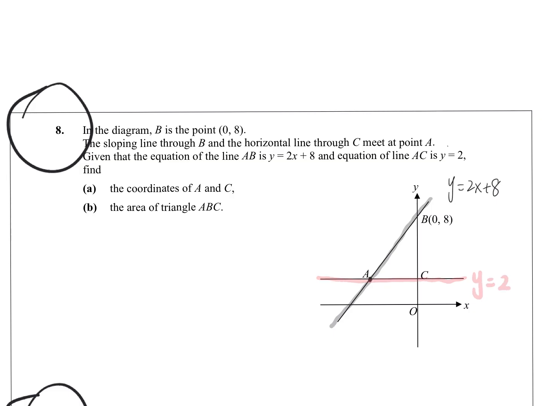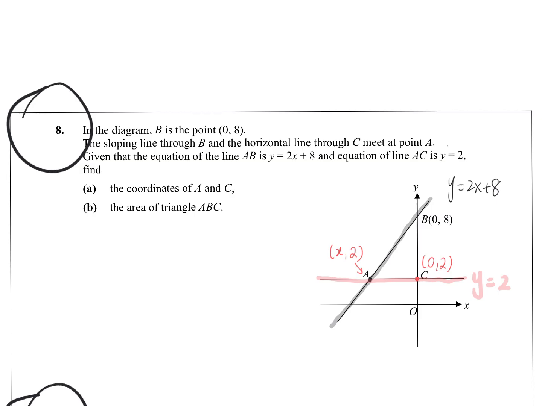When they say y equals to 2, they are telling you the coordinates. So C is 0, 2. I do not know what the x of A is, but I do know that the y is 2. So go and write that down first.